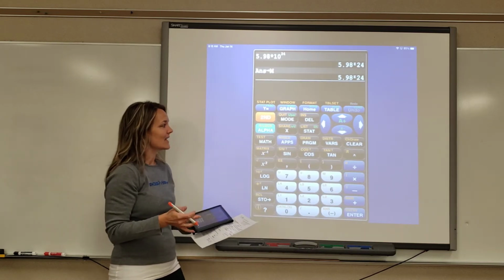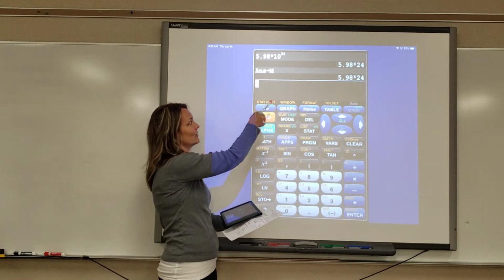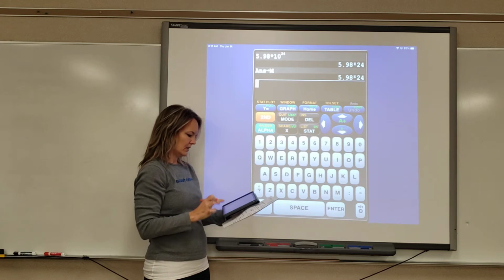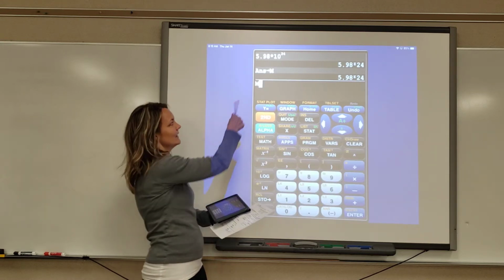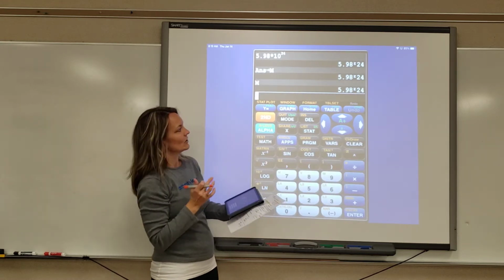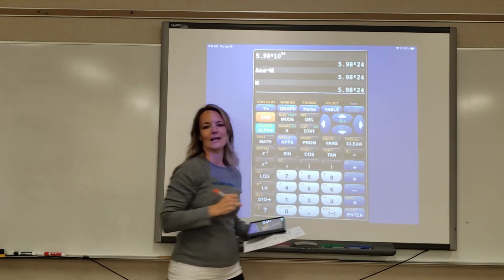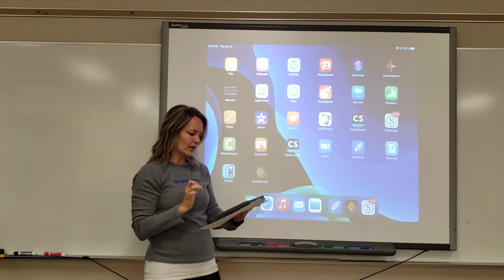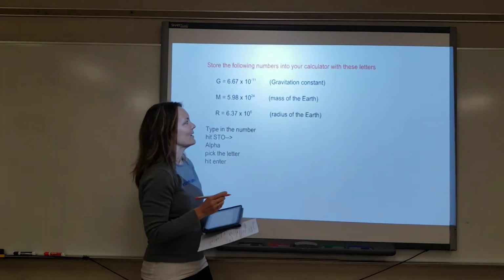Now, anytime that I want the mass of the Earth, I just hit alpha, M, and here it is. If you hit enter, it will put in 5.98 times 10 to the 24th. You're going to do that for each of those three numbers.